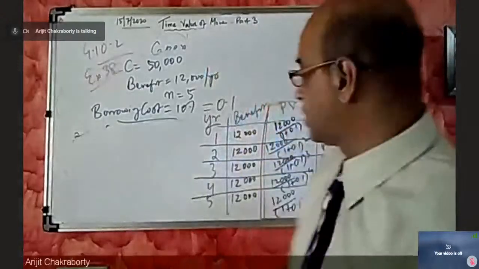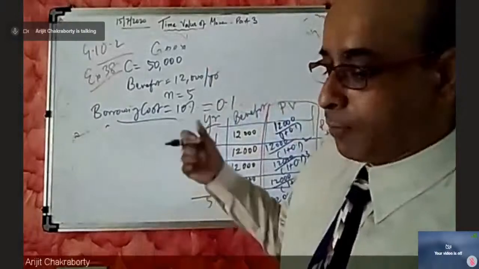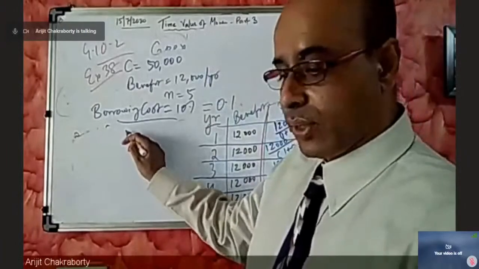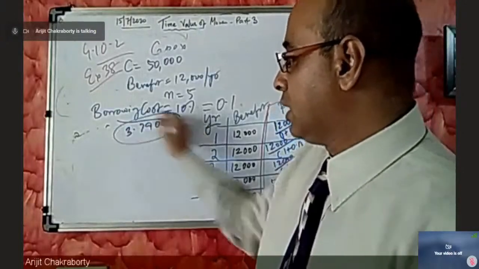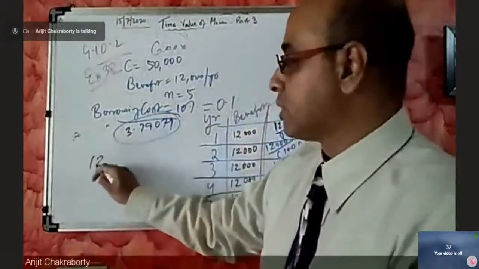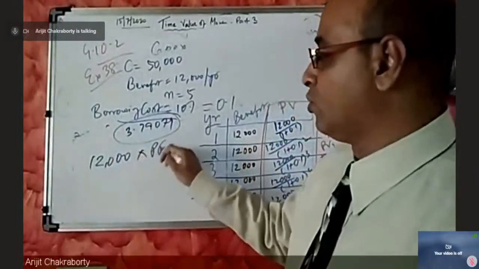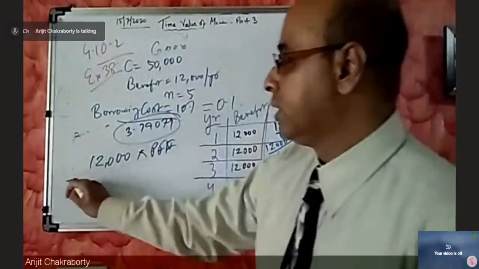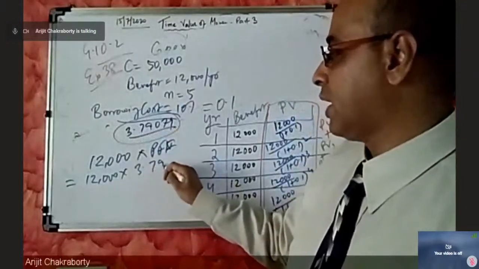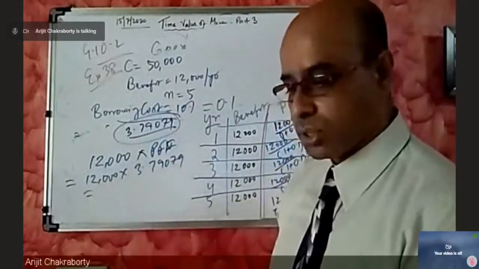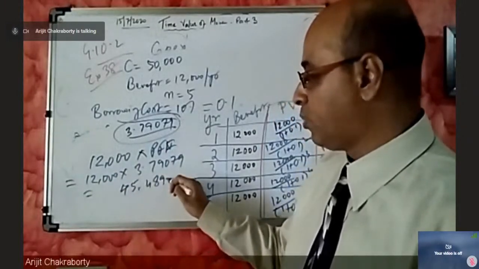Now, using this particular present value factor, the present value factor is given, so it is 3.79079. So, if you multiply this 12,000 by the present value factor, PVF, you will be getting 12,000 into 3.79079, which comes to 45,489.48.